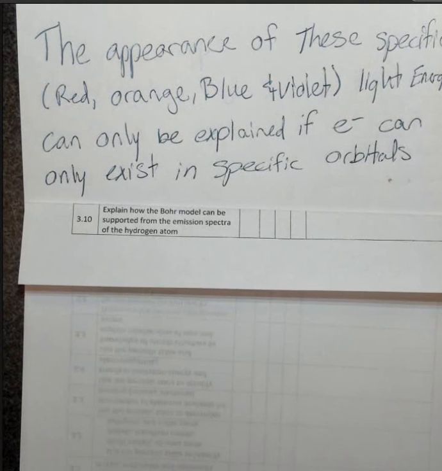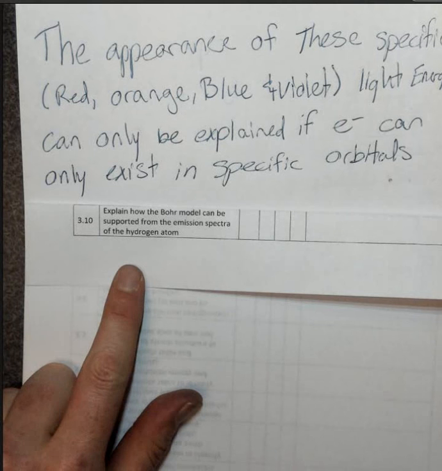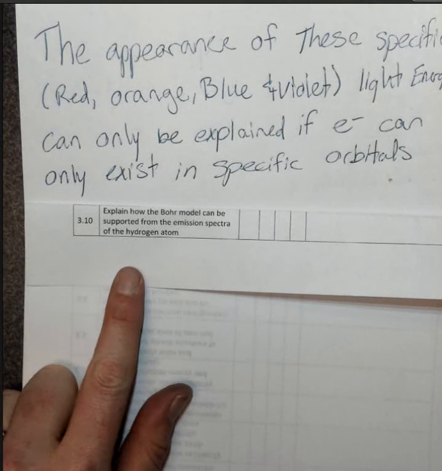Alright, ladies and gentlemen, because we are running out of day, I want to make sure that we can answer this question. It says, explain how the Bohr model can be supported from the emission spectra of the hydrogen atom. Well, here it is. The emission spectra of the hydrogen atom allowed us to only see 4 colors.